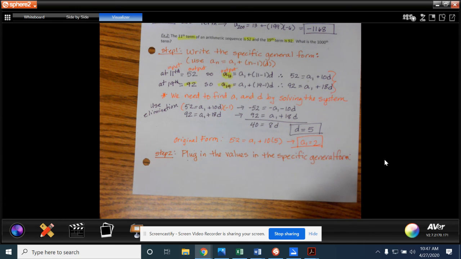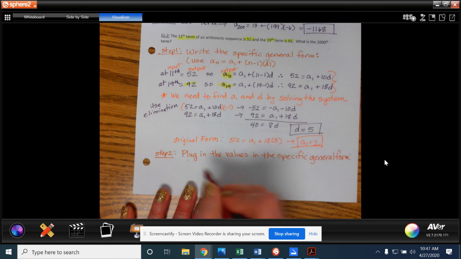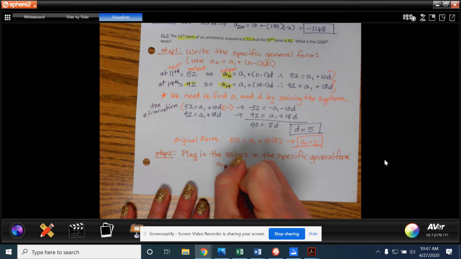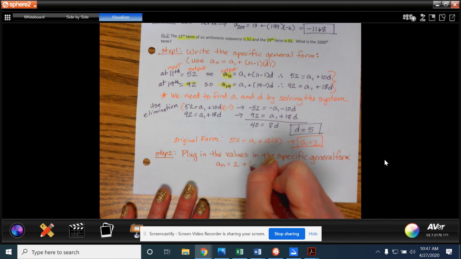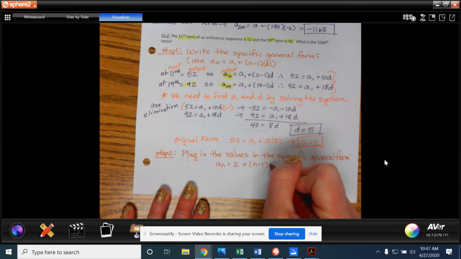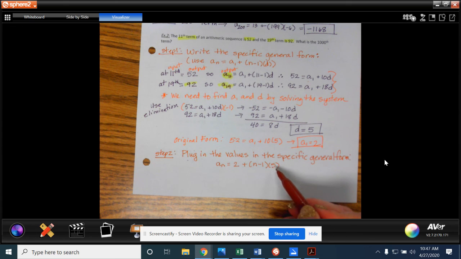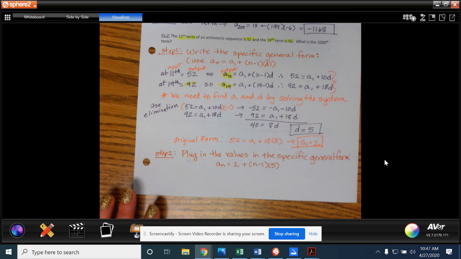That's what I needed originally. So I have a of n equals 2 plus n minus 1 times 5. I don't have to have parentheses around the 5. I just do for my own liking. And then the other question, now that I have my a of 1 and my common difference, I can then answer the question of what is the 1,000th term.